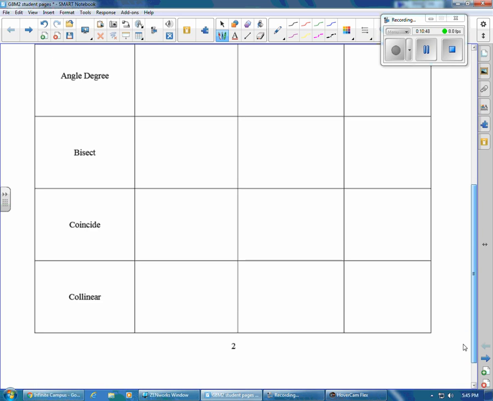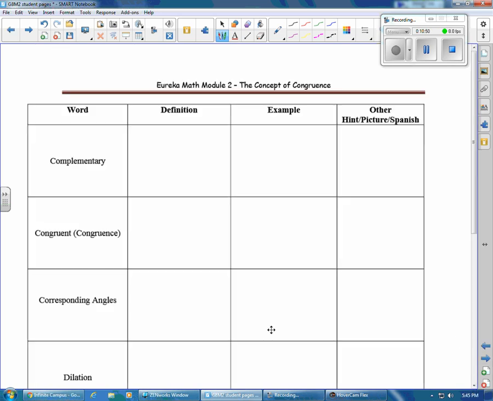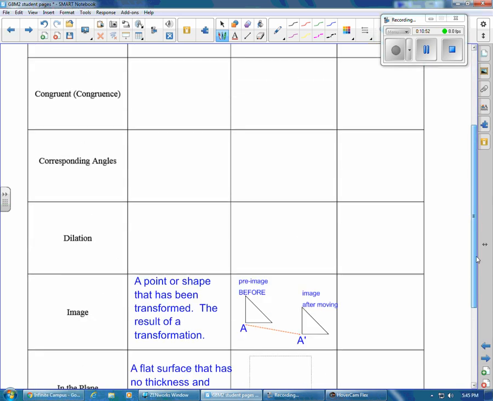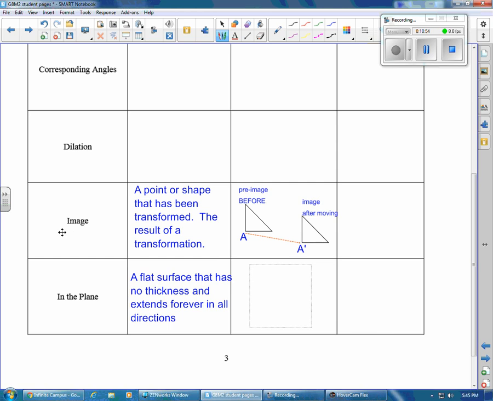So the first part of our vocabulary actually starts on page 3. And it's 2 words at the bottom, image and in the plane. An image, I know you heard me use the word image and pre-image, and we're going to go over both of those. Image is a point or shape that has been transformed, the result of a transformation.